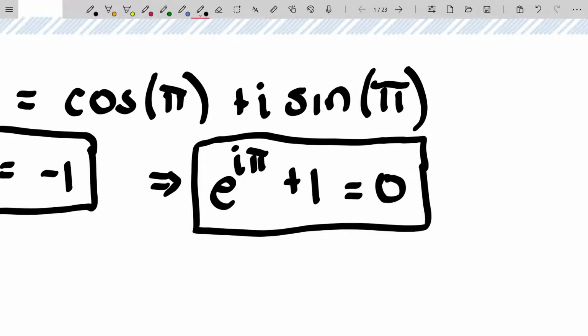0 being the additive identity, 1 being the multiplicative identity, e being that very special base of an exponential function whose derivative at 0 is 1.